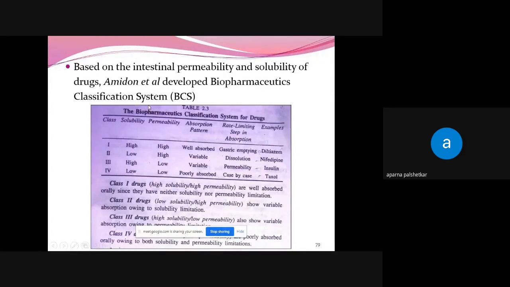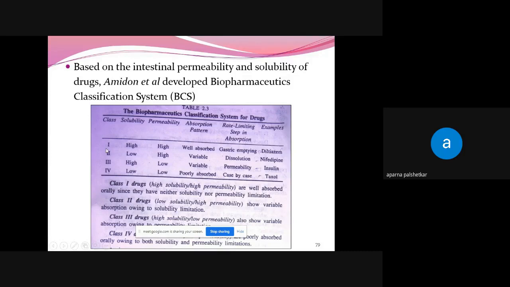So there is a list of drug names and under what category each comes. If you search for this article on Google, you can have it for your record. So here basically the drugs are categorized with respect to the solubility in the GI fluid and permeability through the GI membrane. Okay, so there are 4 classes.